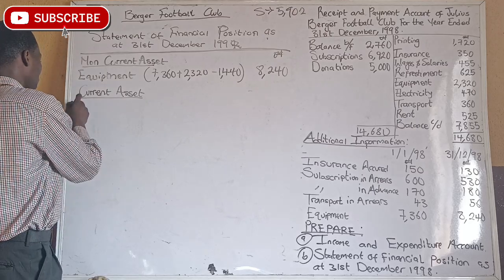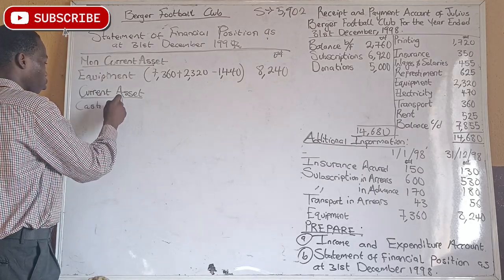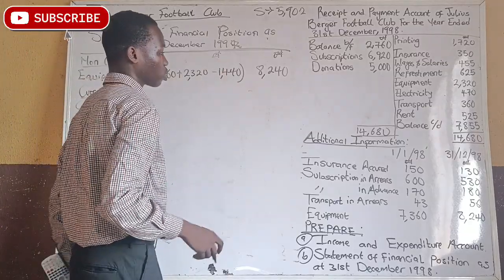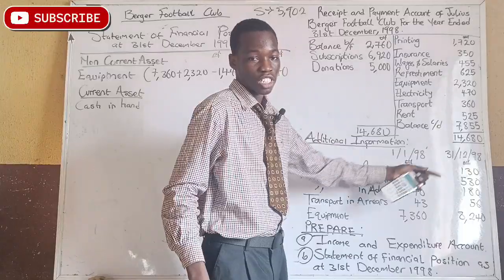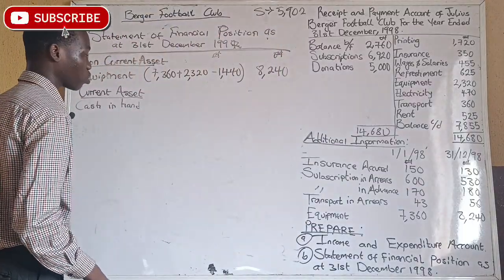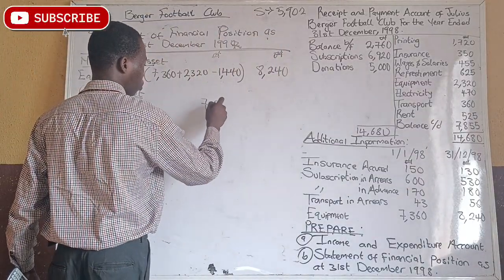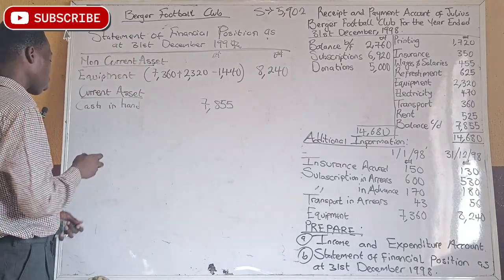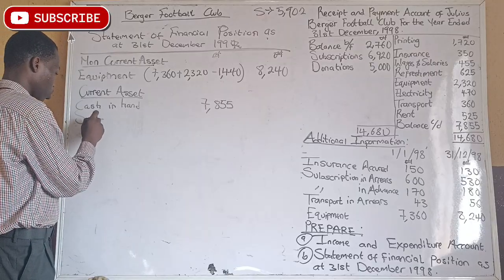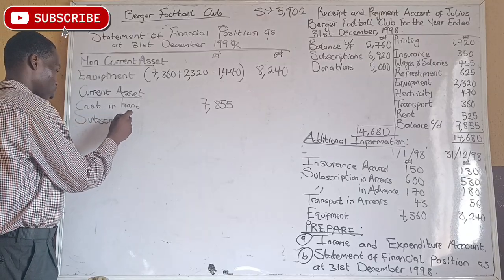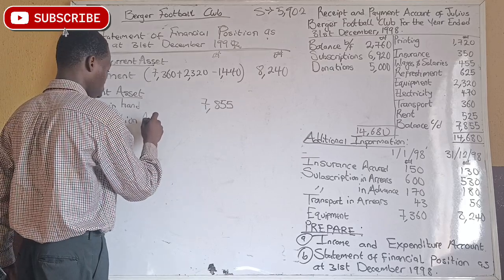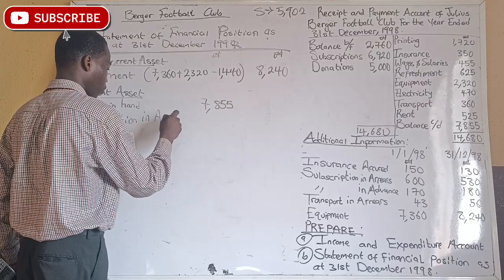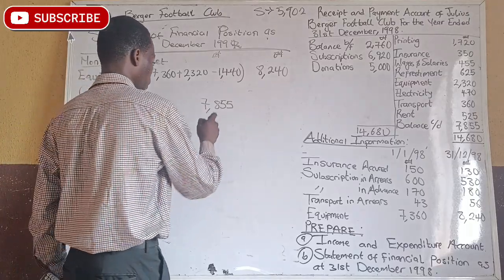For the current assets, we start with cash in hand. Cash in hand at the end represents the balance carried down from our receipts and payments account, 7,855 naira. Also, we have subscription in arrears. I explained that earlier. And that is 530.